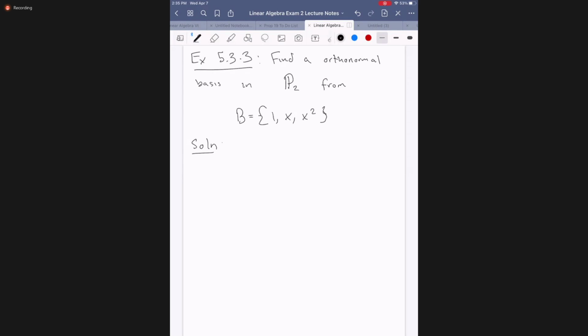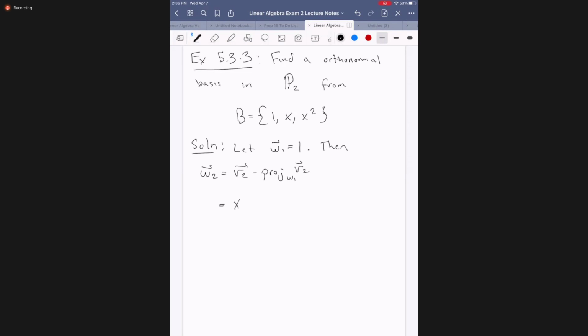So again, you do the same thing, right? Let W1 equal 1. Then W2 is going to equal what? It's going to equal V2 minus the projection of V2 onto W1. What's V2?